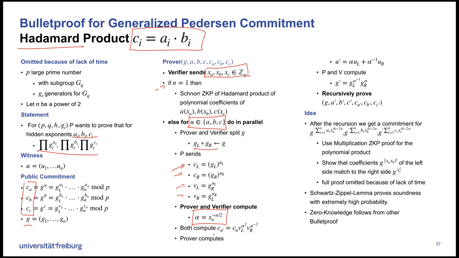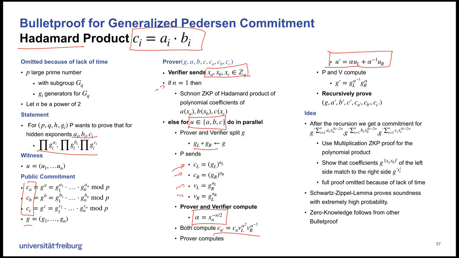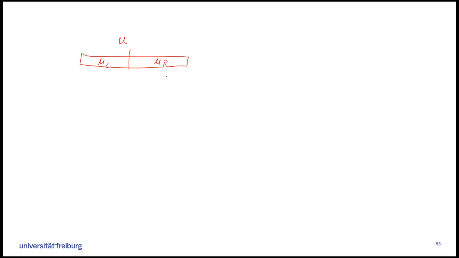So now both of them compute the new commitment, and the rest is the same. The important information here is now alpha times UL plus alpha to the minus 1 of UR. And let's see what it means. We have U, which is a vector, and we split it into UL and UR. And so what we do is we have alpha times UL.